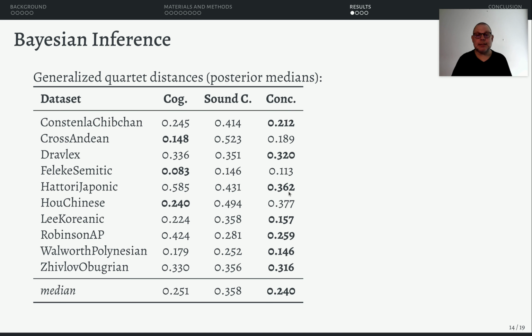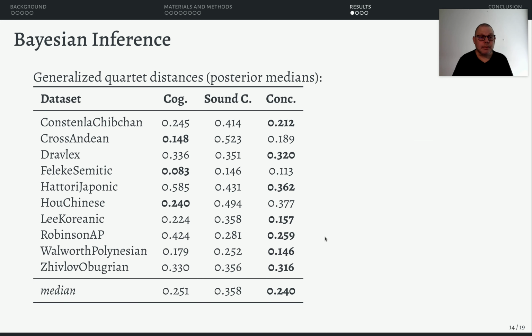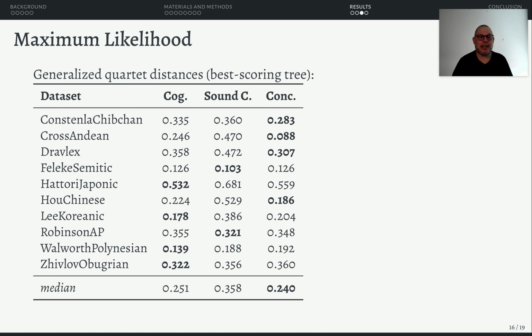And in cases where the combined data give us the best results, mostly the difference to the cognacy data is not very big. So we have clear evidence against the idea that sound correspondences provide the better access to historical groupings of languages.